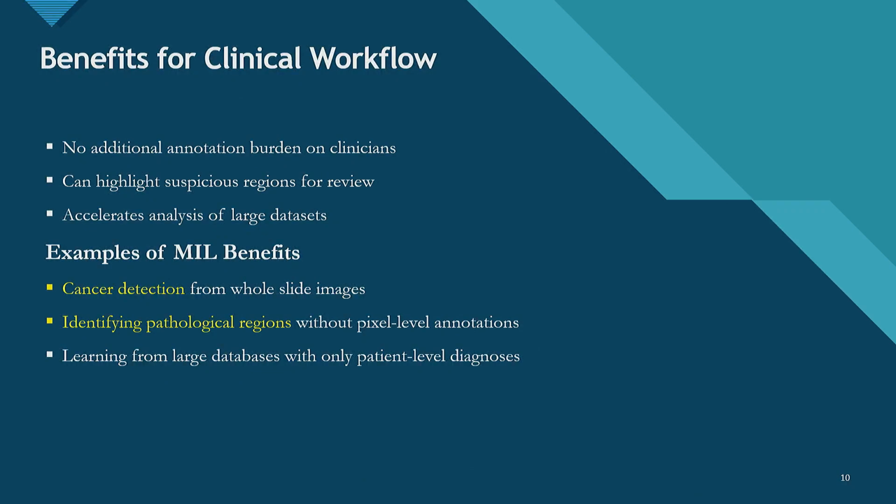It doesn't need manual annotation, there are no additional annotation burdens on clinicians, it can highlight suspicious regions for review and accelerate analysis of large datasets. And it can detect the tumor area in the whole slide image and identify pathological regions without pixel level annotation.